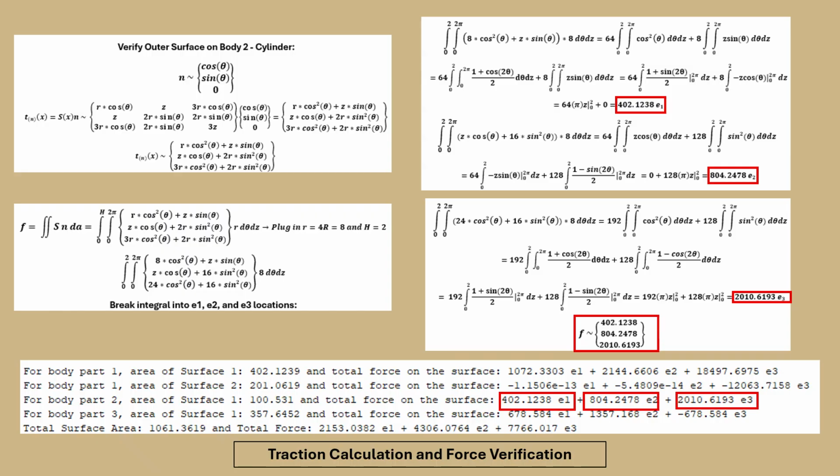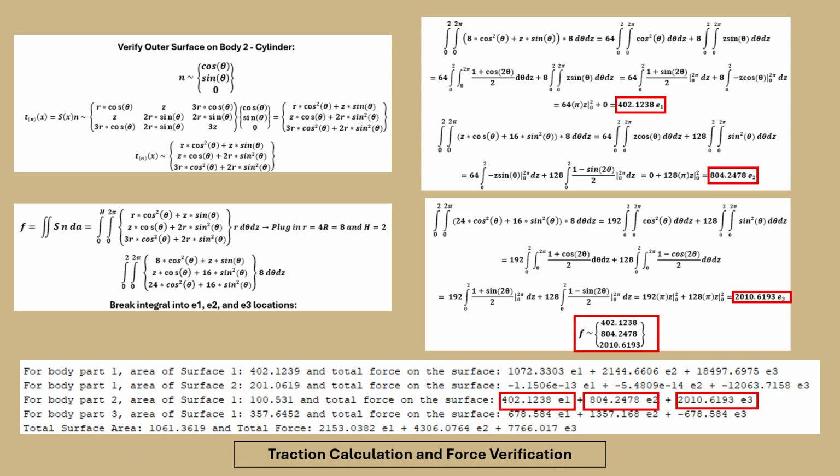All right, so this slide outlines the traction calculations as well as the force calculations, and then verifying that the force calculation is identical to my MATLAB code. Starting out, I defined the outward normal vector, and then I multiplied that by the Cauchy stress tensor field, and I obtained the traction field right here.